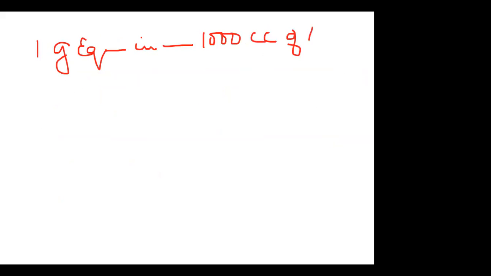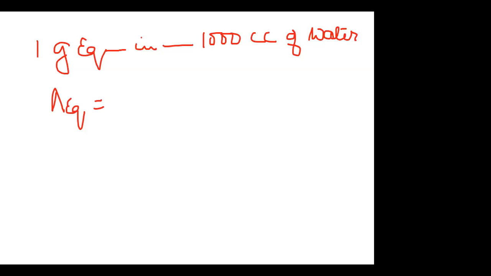Let us say we have 1 gram equivalent of an electrolyte dissolved in 1000 cc of a solution of water, or is present in a solution. Now this means that the equivalent conductance will be measured by taking the entire 1 gram equivalent of the electrolyte. In how much of the solution you are taking, we are not concerned mainly about the volume of the solution here.